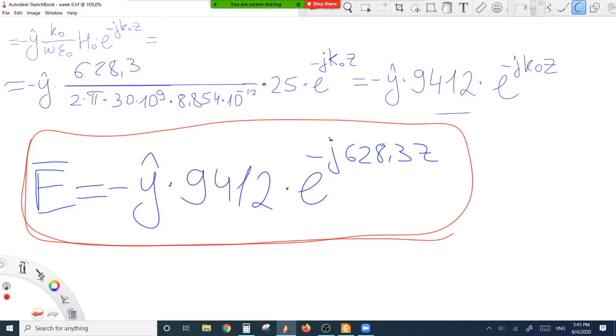Here we found the electric field intensity in phasor form.